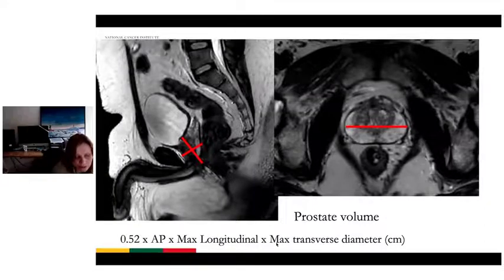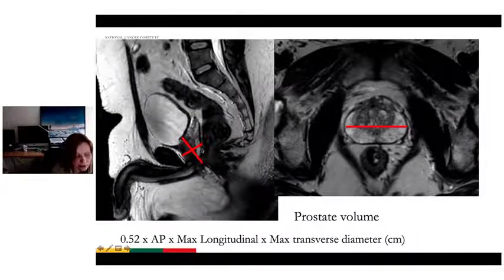And now the second thing we do when starting to evaluate the prostate is evaluating prostate volume. How must we do this? We take sagittal and axial images and we measure from base to apex.